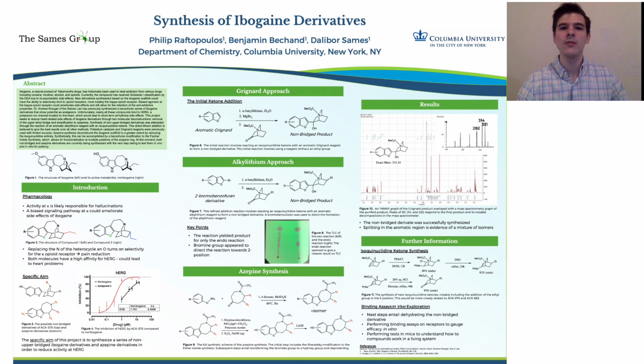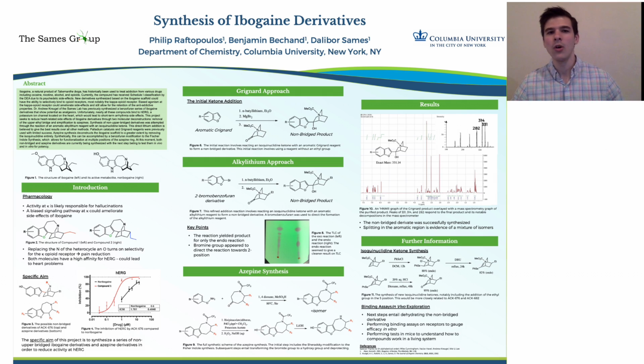The way in which we approached synthesizing the non-upper ethyl bridge derivatives was first through the creation of an aromatic Grignard. We took a substituted benzofuran and reacted it with N-butyl lithium in ether to deprotonate it, theoretically at the 2 position. Then we added magnesium bromide to this deprotonated benzofuran in hopes of creating an aromatic Grignard reagent.